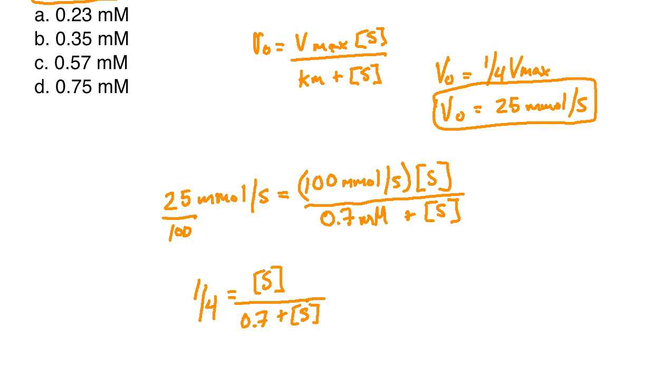If we rearrange this again, we can set it up so that the equation reads 0.7 plus substrate concentration equals 4 substrate concentration, right? So in order to get rid of 1/4, we need to multiply both sides by 4, and then we can also take the denominator and move that around to the other side. So this equation now will be able to tell us what the substrate concentration is.